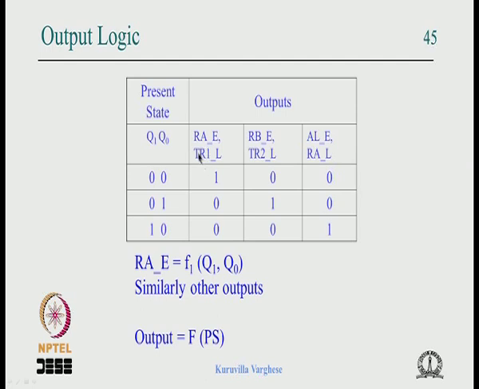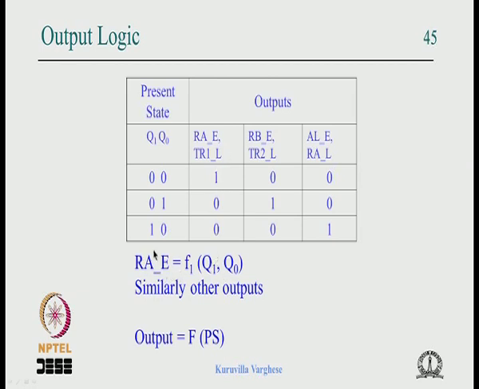Definitely this has to be repeated. For convenience I am showing it together, but assume there is a separate column for A enable and TR1 latch. It is not that they are tied together; this happens only for this instruction, and maybe for some other instruction they cannot be together, but just for convenience I have shown it like that.